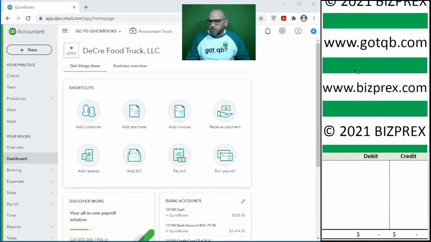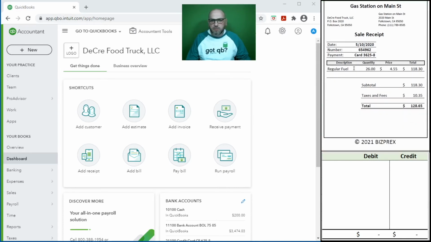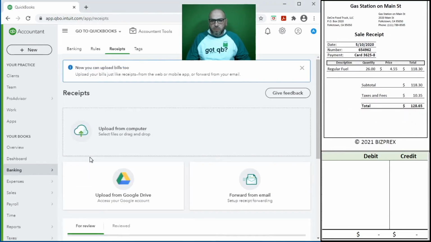Okay, let's go ahead and book our credit card receipts. First we have the gas station. Let's continue with our PDF drag and drop module. In this case, we're going to use receipt selection just to show the difference. And again, this is a receipt.